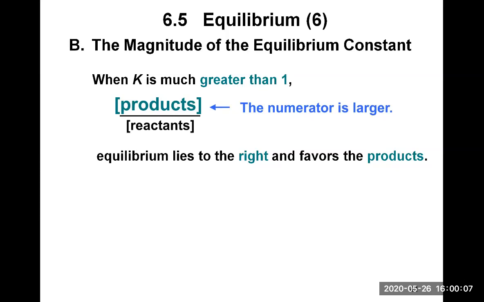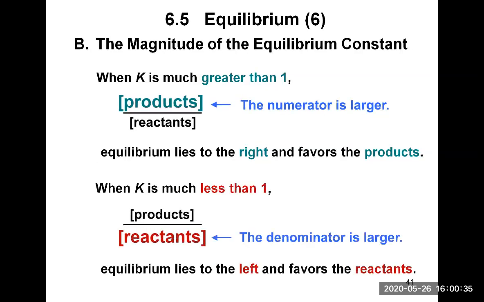That means the concentration of the products is larger than the concentration of the reactant. So you have more product when you have reached equilibrium than you have reactant, and the equilibrium lies to the right and favors the product. That's how we interpret a large K value.